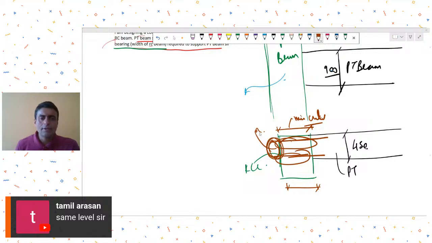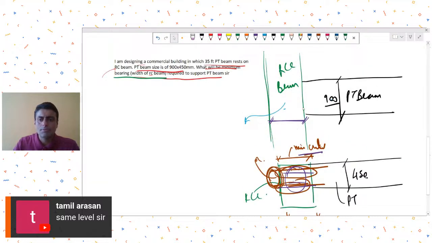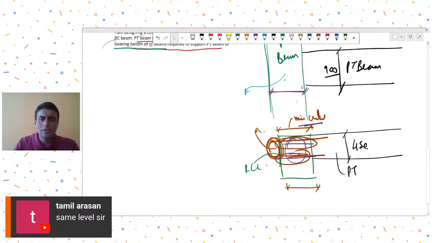So these two concepts you may have to keep in mind while deciding this beam width. One is any specific requirement for the PT strands to have some minimum embedment inside the RCC. The other is that while designing this RCC beam for the loads from this PT beam and other loads, its width and depth shall be sufficient.